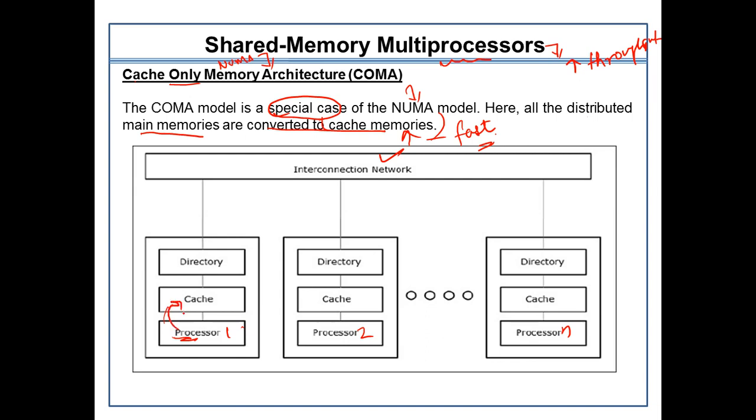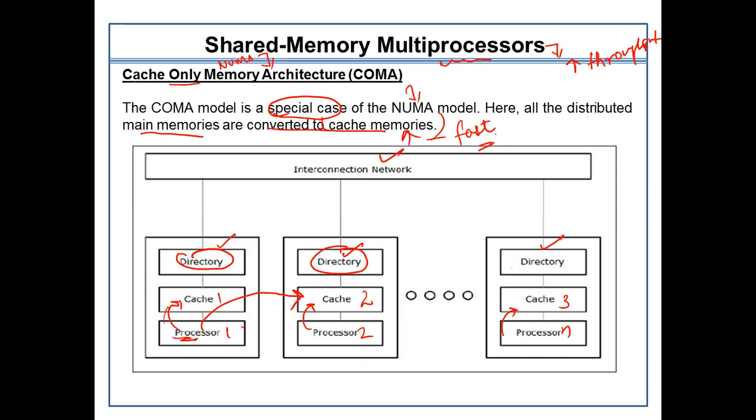Each main memory is now divided into cache memory, and this directory is used here. What if processor 1 has to talk to cache 2, the cache of another processor? For that purpose, in the directory, all the addresses are defined in a proper manner, right?